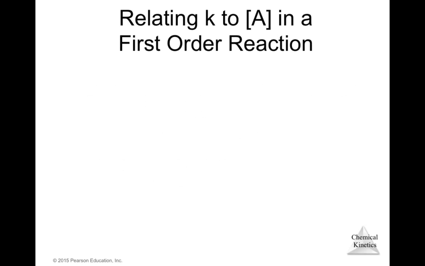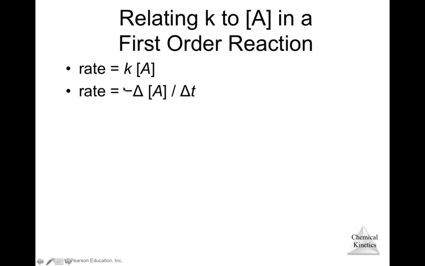So let's see how we can find a relation between the K and the concentration of A. To do this, we're going to do an integration of this expression of rate. We know that rate is equal to K times the concentration of A. But also we learned that rate is equal to minus the change in concentration of A over the change in time.